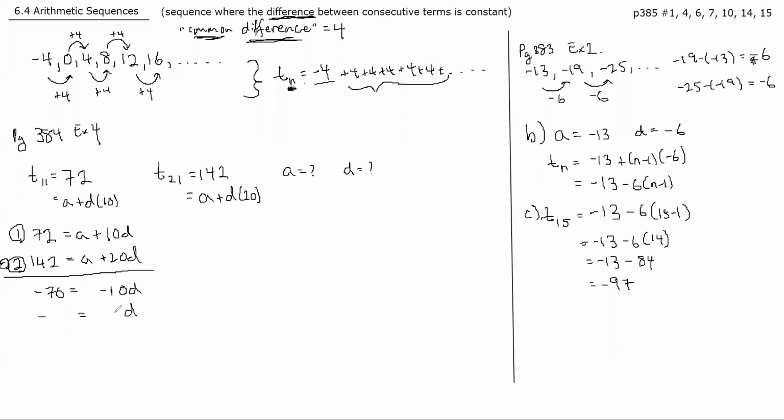It's negative 10, okay? So divide both sides by negative 10, I get a positive 7. The common difference is positive 7, which makes sense because I am adding to get to a larger number, right?